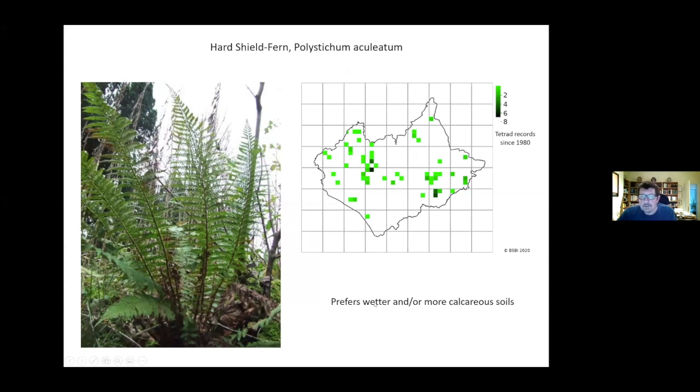It is not on the distribution again, Charnwood and the Soar corridor here, because it likes wetter, humid conditions, but it also likes calcareous soils. So you find a bit more of it over here in Rutland and south east of Leicestershire. So it's either wet or calcareous.